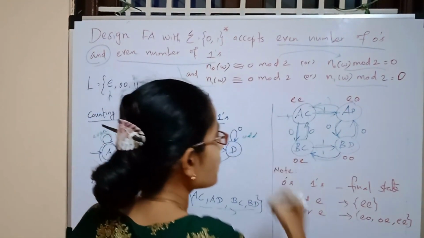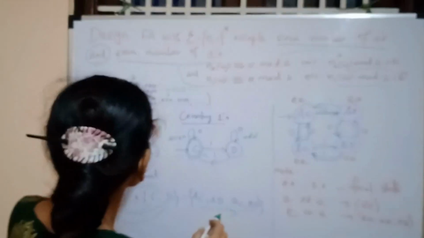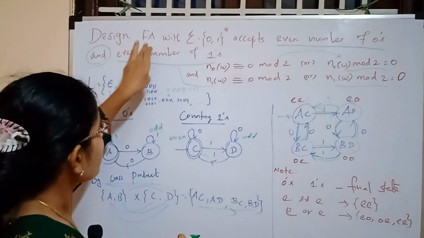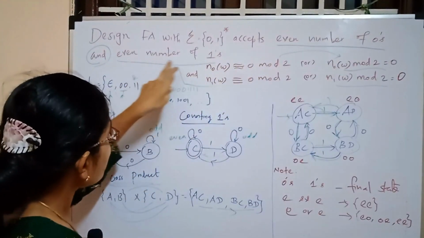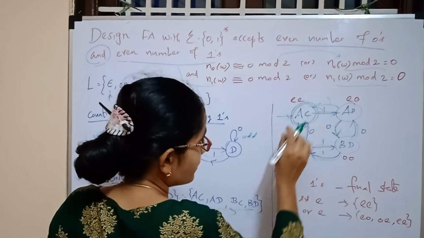So here this is the starting state. Now they are asking to build the finite automata which accepts an even number of zeros and an even number of ones. So here this state will become the final state, okay.